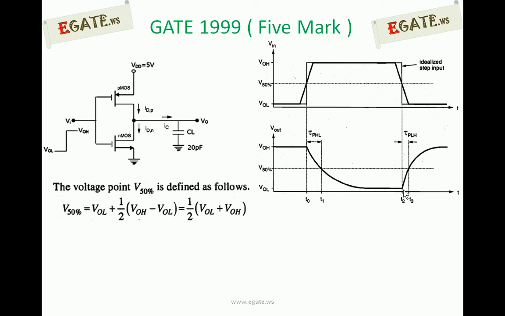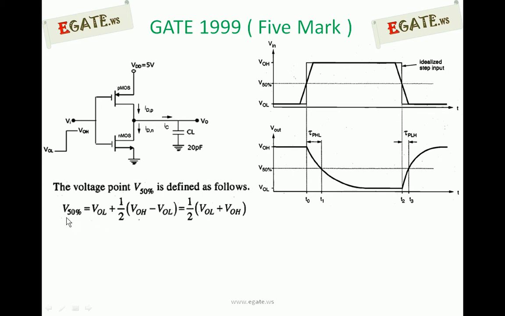The V50% voltage, that is the 50% voltage, is defined like this. This is from 0 onwards, and VOL is not always 0, so we go with VOL not equal to 0. V50% is half of the peak to peak voltage plus VOL.